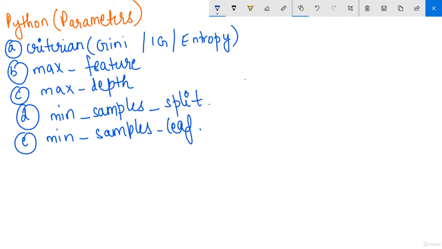I hope you are clear up to this, guys: your Gini index, information gain, entropies, homogeneity. Just keep revising, and I would request you to revise this lecture and the previous lecture.